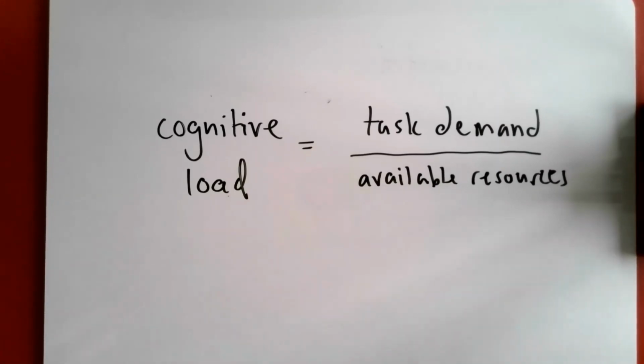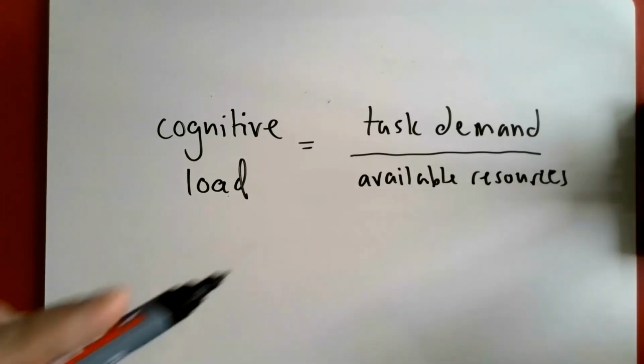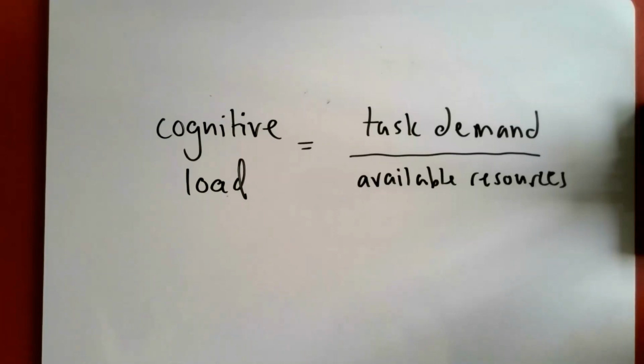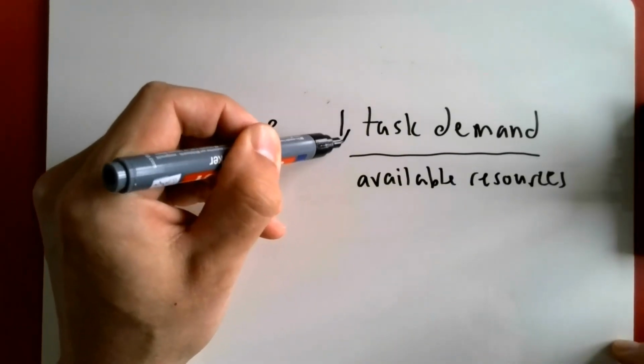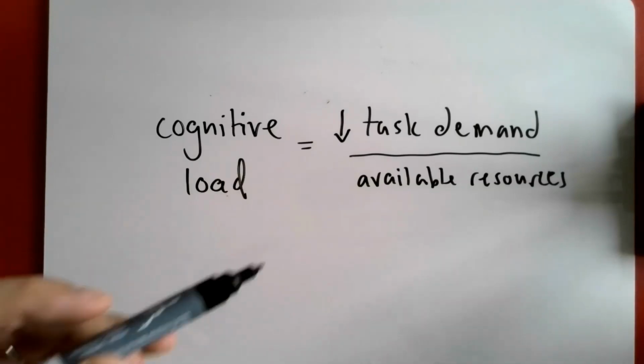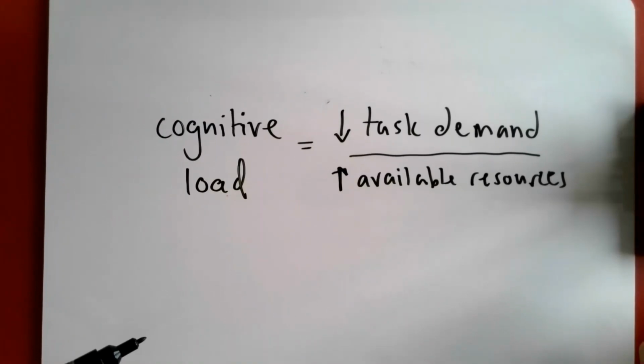Now, I like this, and as a scientist you can probably see why, because it gives me variables that I can literally manipulate up or down, and it makes it really clear what I want to do. So, task demand being on top of this calculation, if I want this number to be smaller, not zero, but smaller, then I want to reduce that task demand. And the other way I could help with that overall cognitive load is to increase the available resources.